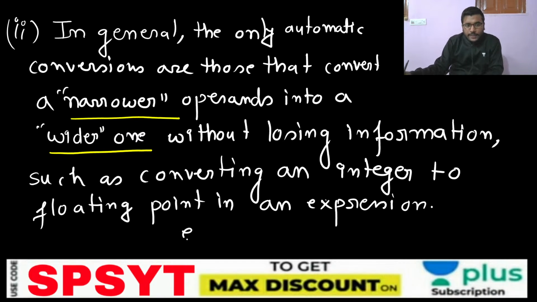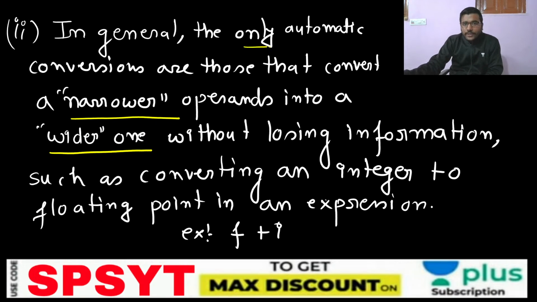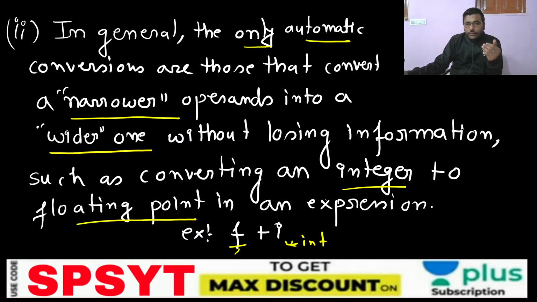Example: if you have f for float and i for int. So this is the automatic conversion: it will convert a narrower operand into a wider one without losing information, such as converting an integer to floating point. This is an integer, i is int, and this is a float.